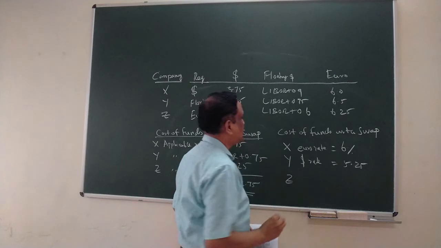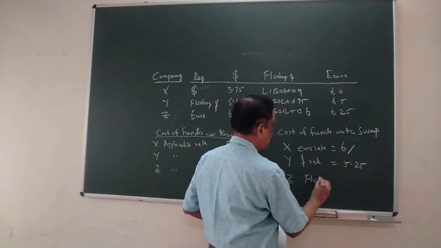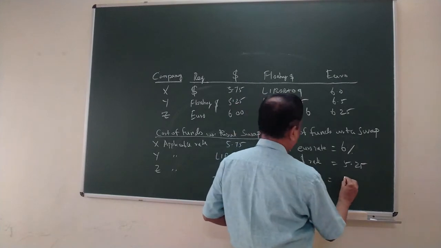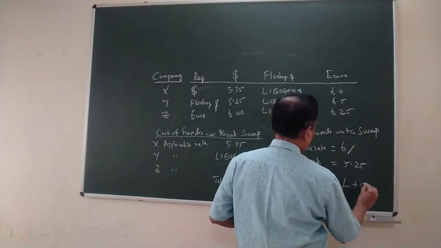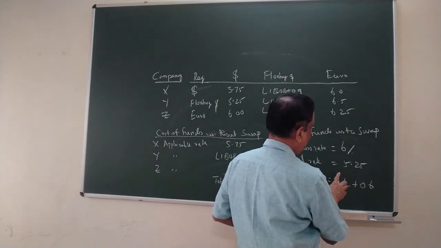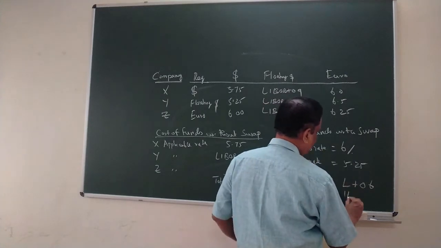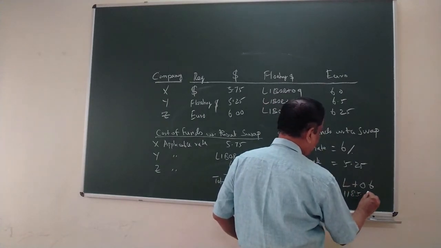Z has the lowest in floating rate. This will be LIBOR plus 0.6. You add all this together, 11.25, 11.85. So it would be 11.85%.